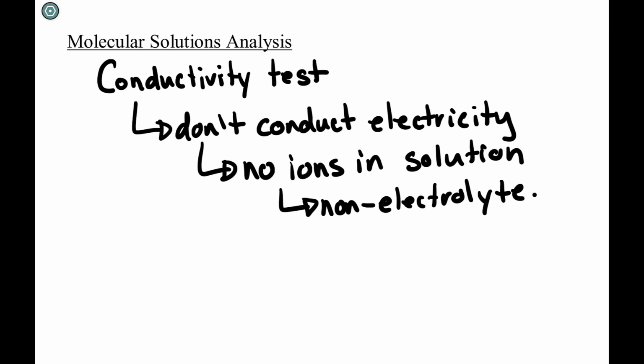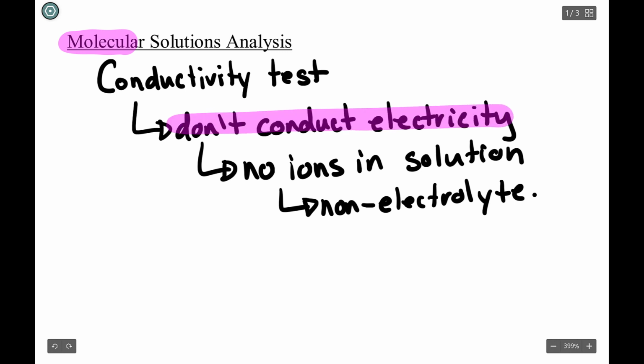So out of the 4 solutions that we're covering in the solutions unit, which is molecular solutions, ionic solutions, acidic solutions, basic solutions, the only one that does not conduct electricity is molecular solutions.